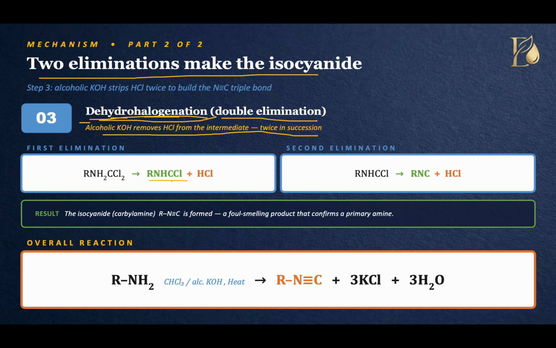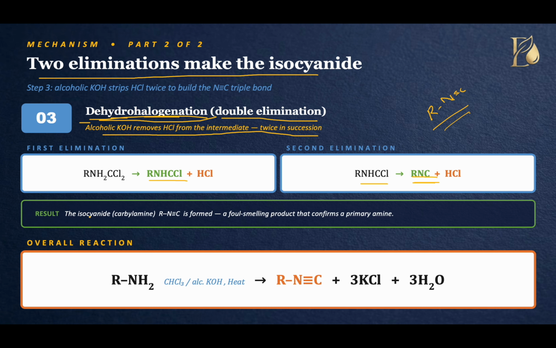So from RNHCCl, it removes HCl again. So we will get RNC. This is isocyanide, right? What is isocyanide? R-N triple bond C. This is isocyanide. So this is our isocyanide product, right?